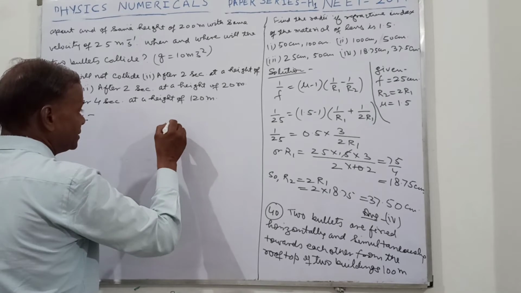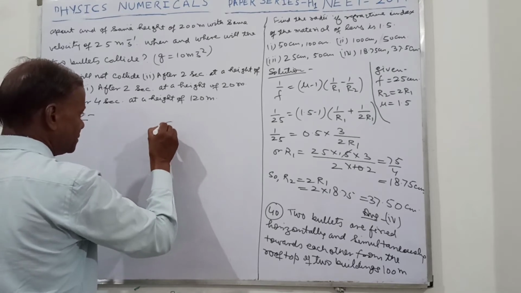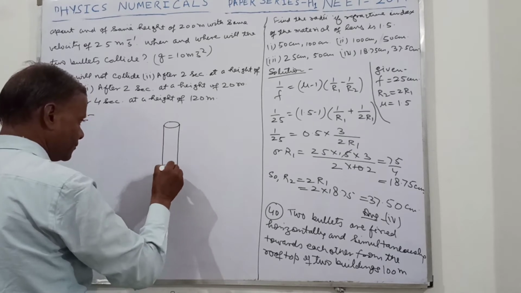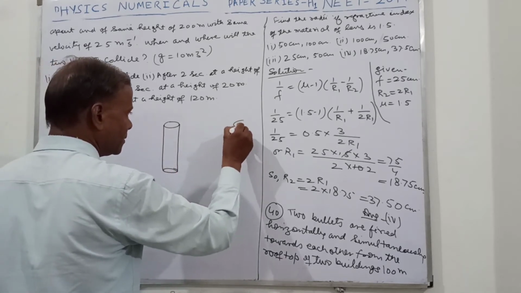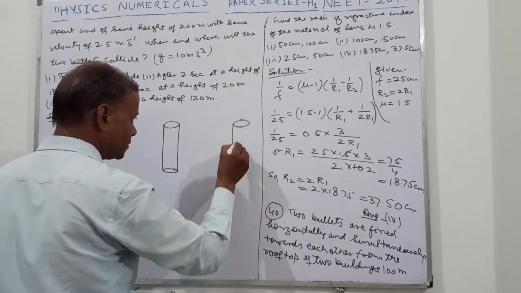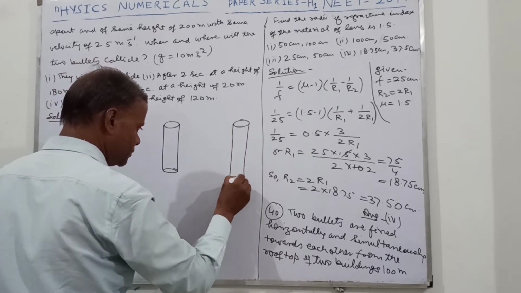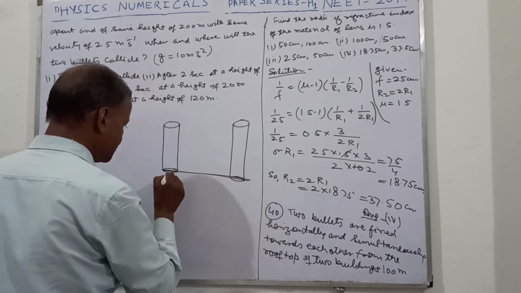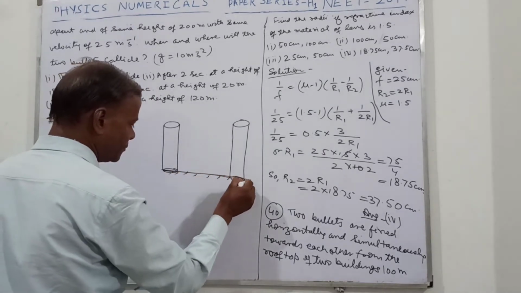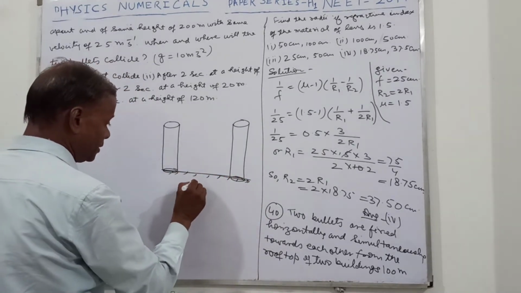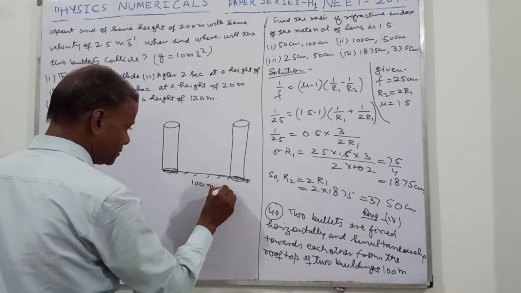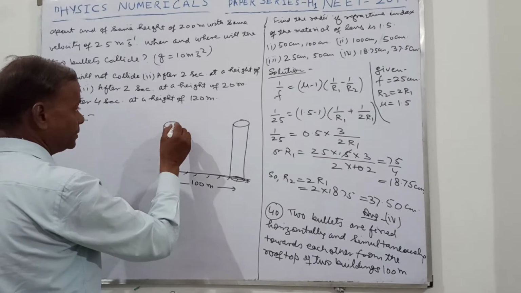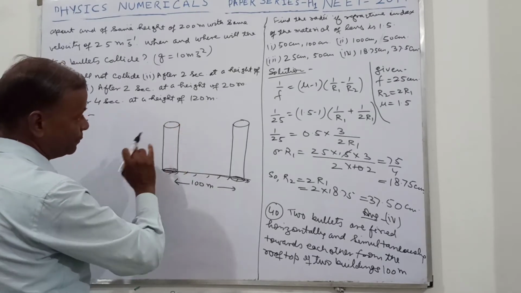So now I take that suppose this is a building. This is now the ground floor. Now these are 100 meter apart. And the bullet is fired from the rooftop.